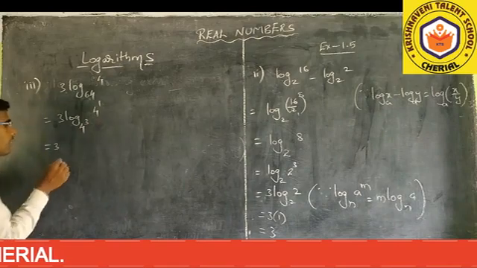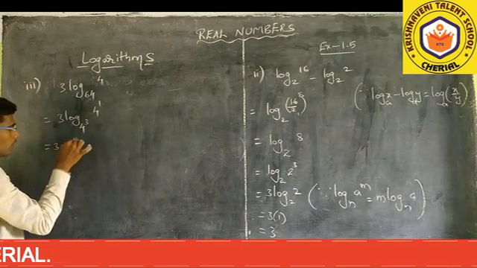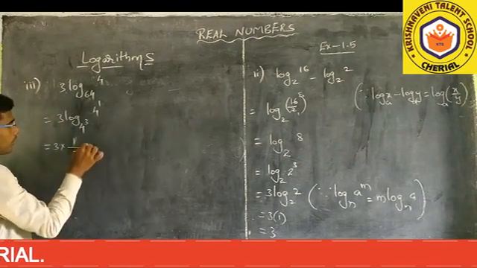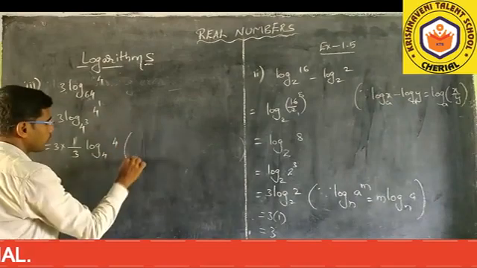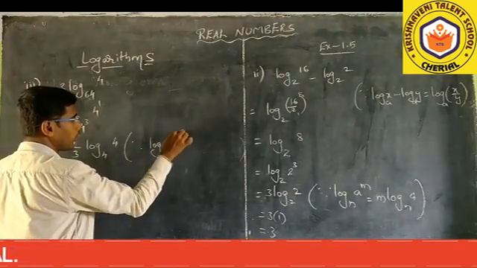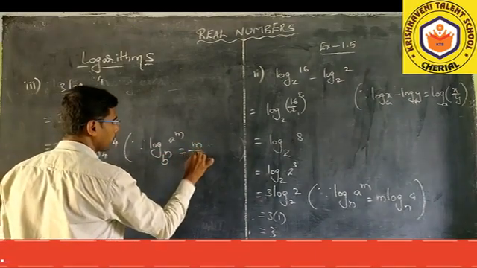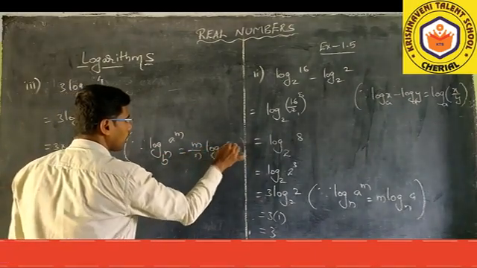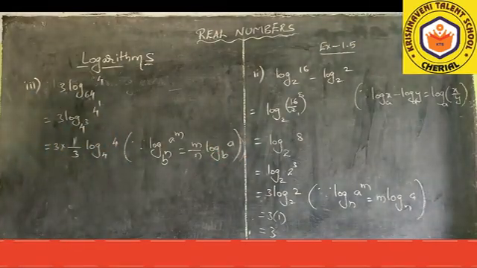We can write it as 3 into 1 by 3 log 4 to the base 4, since log a to the power of m to the base b to the power of n equals m by n log a to the base b. This is the 4th law.